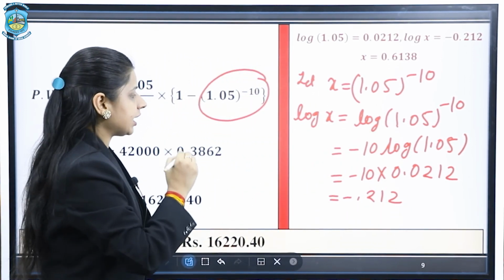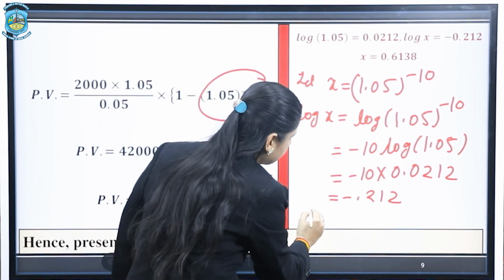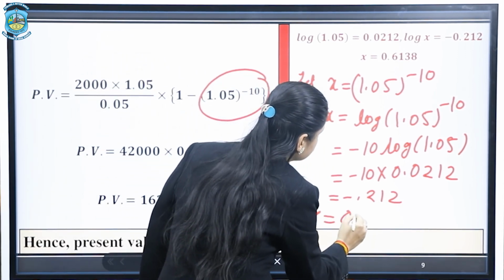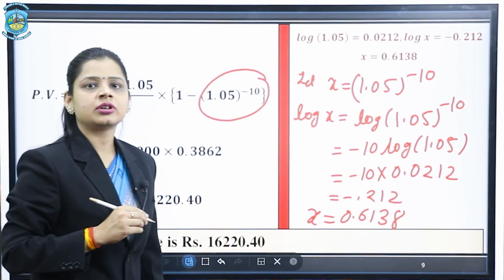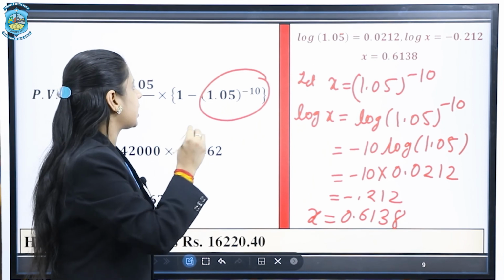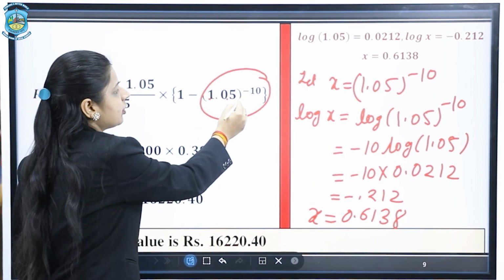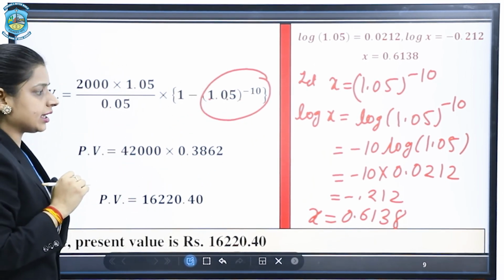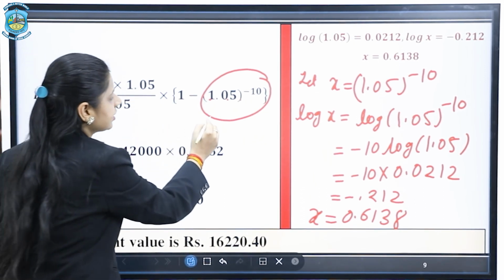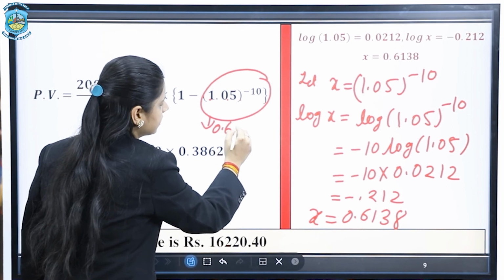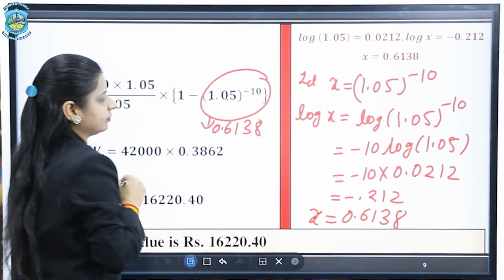And then on taking antilog, we'll get the value of x as 0.6138. So we had taken x as 1.05 to the power minus 10, and by log we get its value as 0.6138.